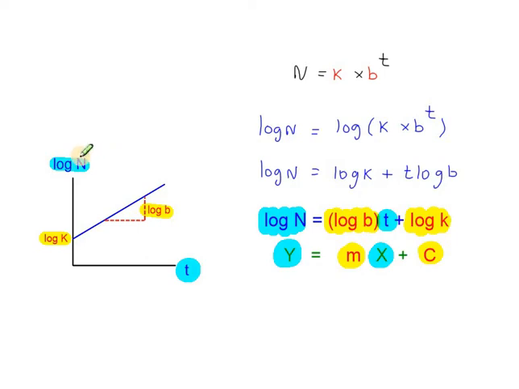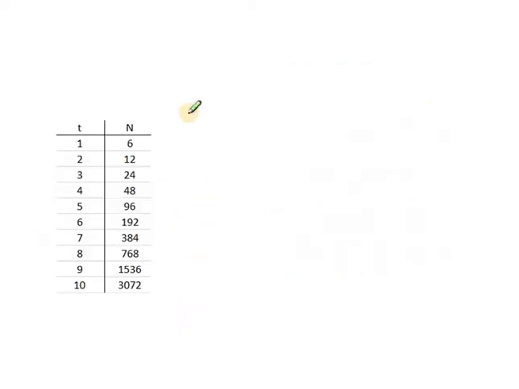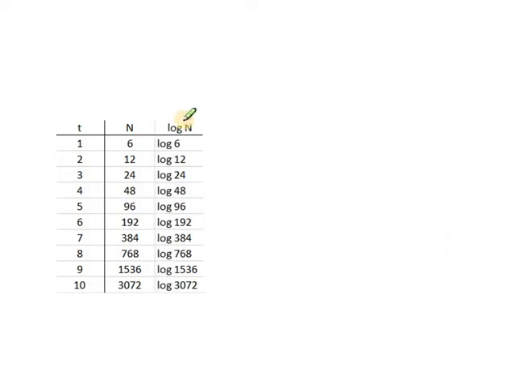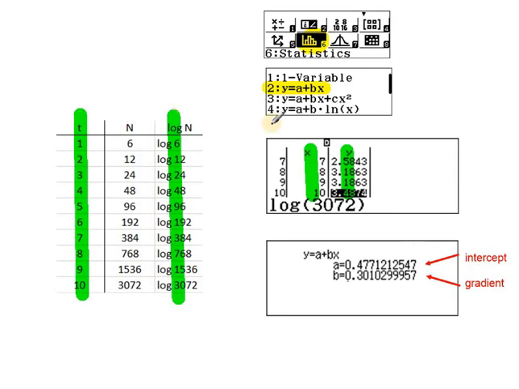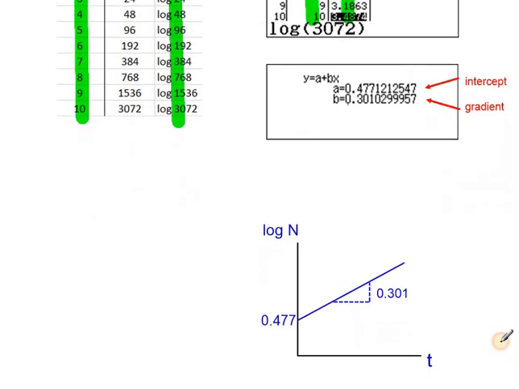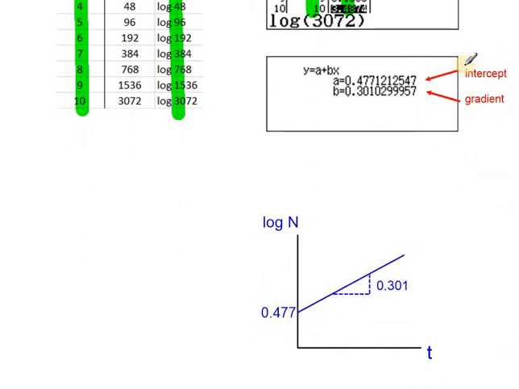So if the graph is log n versus t, in our data we need to calculate some log n values, like this. So we put the highlighted data here into the calculator, and we get the intercept and gradient of our straight line.